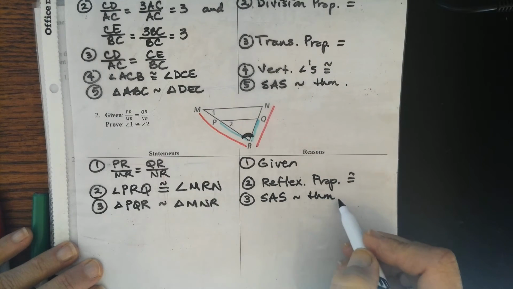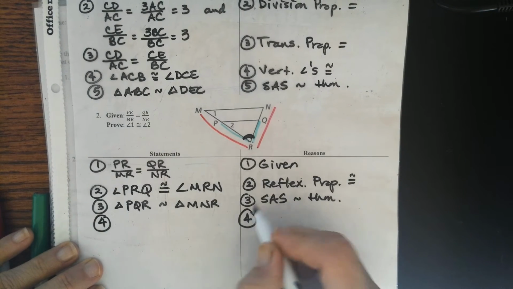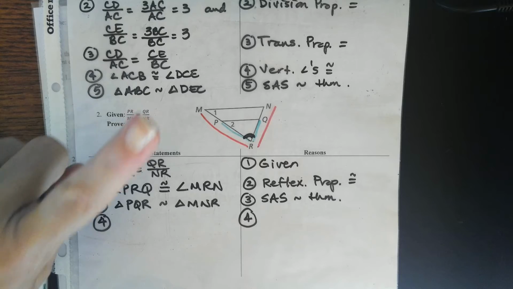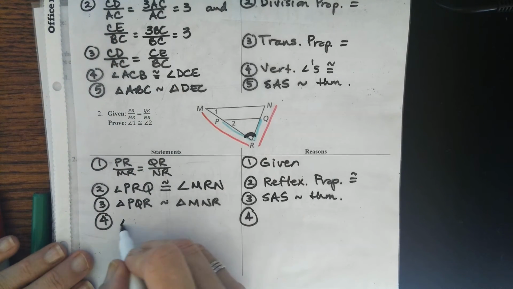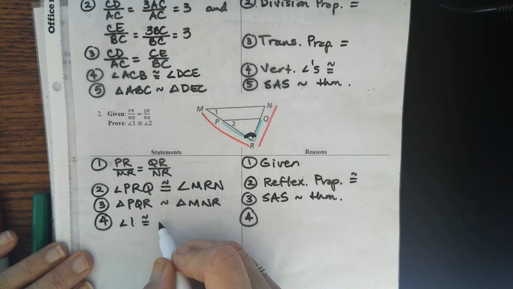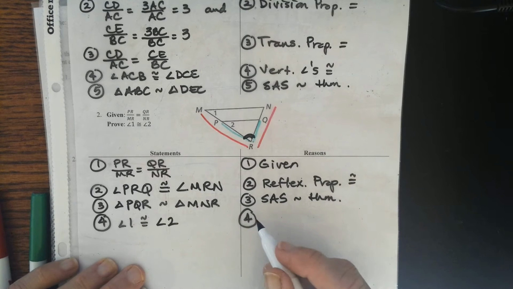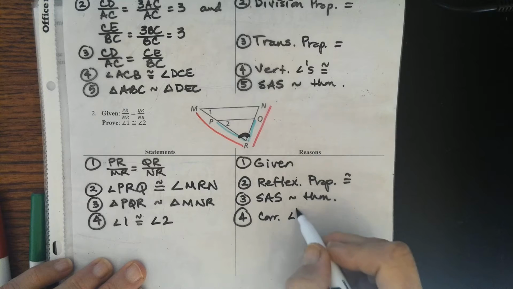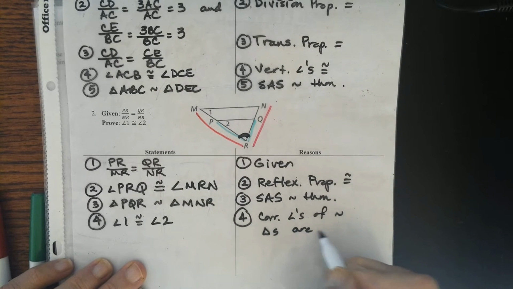similarity theorem. And now, if I know they're similar, then their angles have to be congruent, because that's what similarity is defined as. So the angles are congruent, the sides are in proportion. Since that's the definition, I can say that angle 1 is congruent to angle 2 by, believe it or not, it's called corresponding angles of similar triangles are congruent.